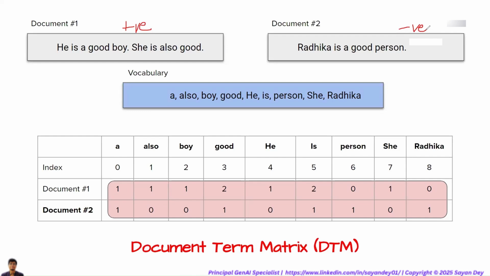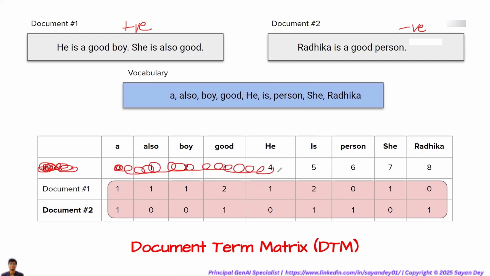And this is the labeled text data that we have right now. Document one corresponds to sentiment positive. Document two corresponds to sentiment negative. This is the labeled textual data that we see, and this is the supervised learning model that we can interpret right now.